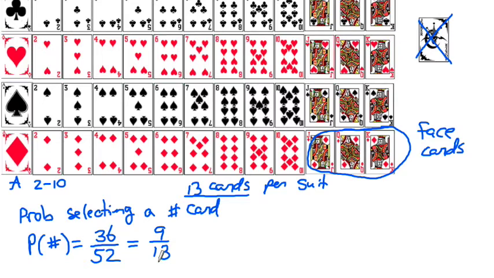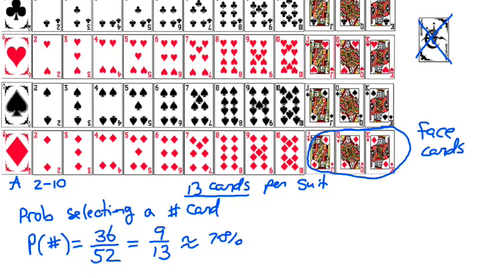It is 9 out of 13, which is better than half. Decimally, 9 divided by 13 is 69.2%. So approximately 70%, or 7 out of 10 times, you will get a number card showing up.